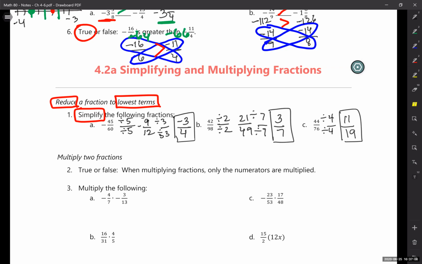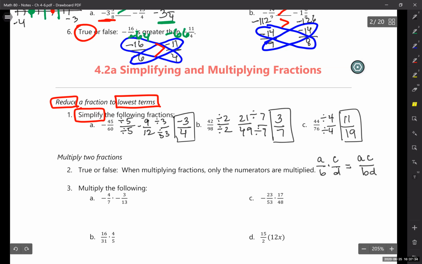Okay, so now we're going to work on multiplying fractions. And here is the rule. I'm going to write out 2 fractions, a over b times c over d equals, and what we do when we multiply fractions is we multiply across the top, a times c, and then we multiply across the bottom, b times d.